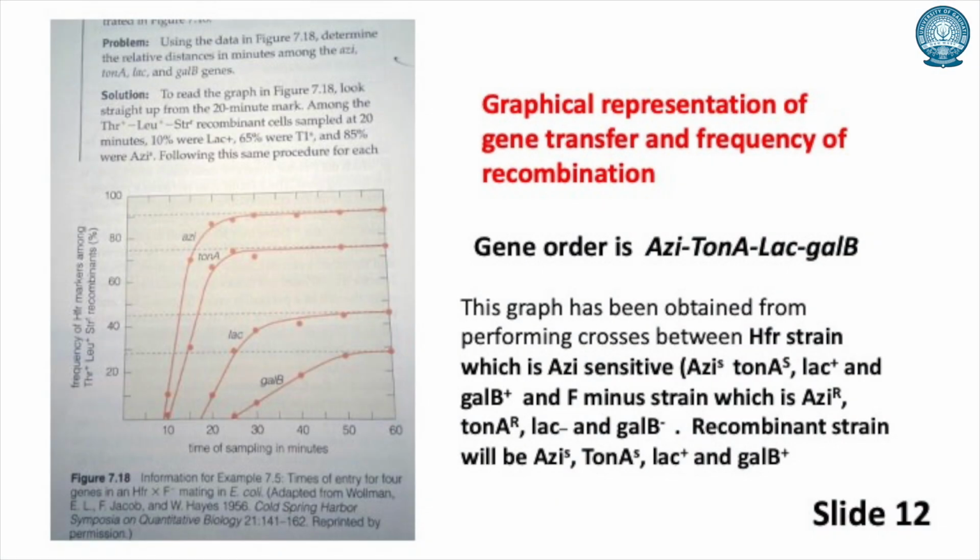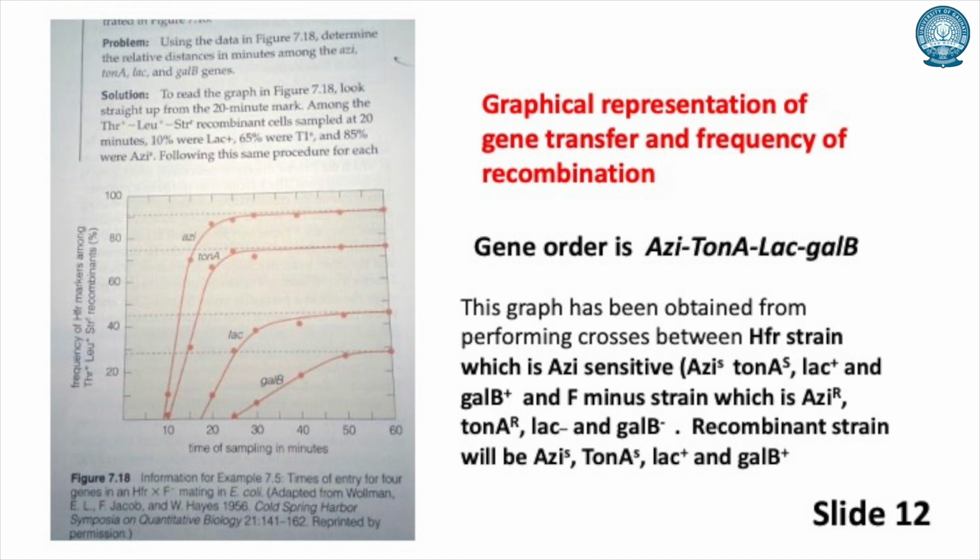This slide shows the graphical representation of gene transfer and frequency of recombination. Here the time and the recombination are plotted. For example, the gene which enters first has a high frequency of recombination.